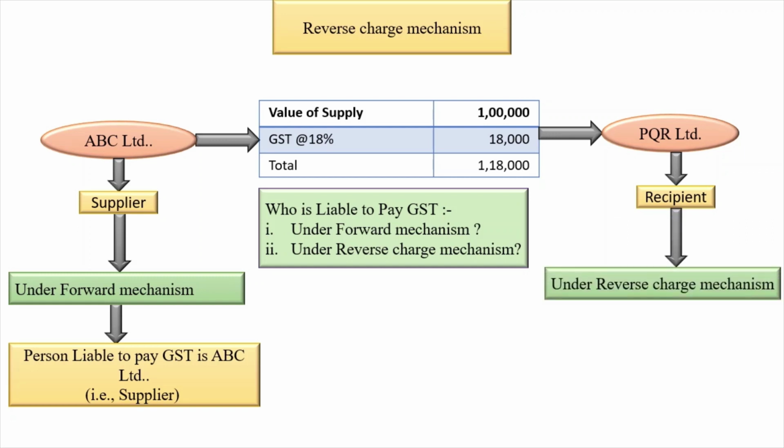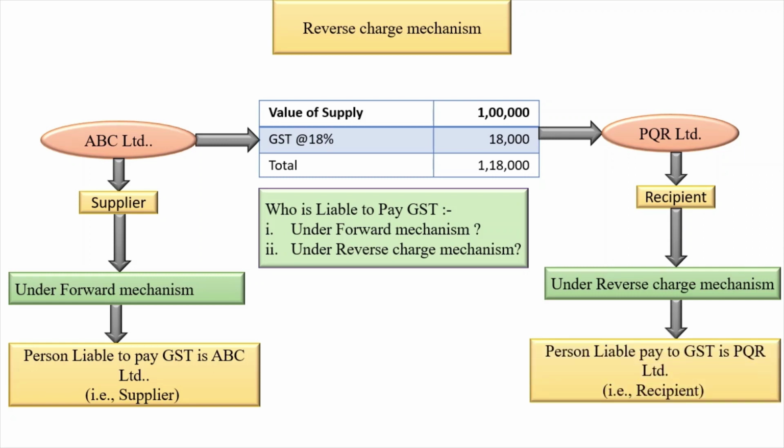Whereas if it is a reverse charge mechanism, then person liable to pay GST is PQR Limited because the PQR Limited is a recipient. So this is about reverse charge mechanism. If it is a reverse charge, then recipient is liable to pay GST to the government, and if it is a forward charge, then supplier is liable to pay GST.